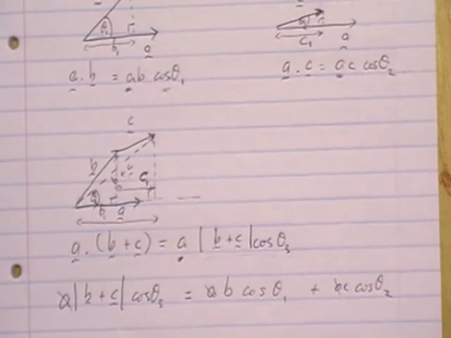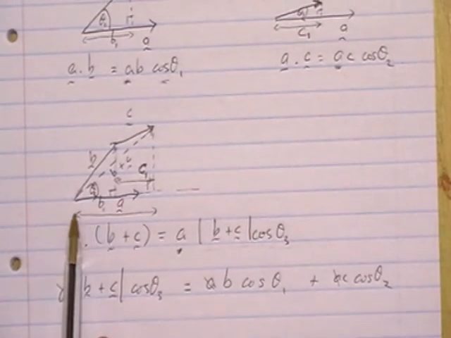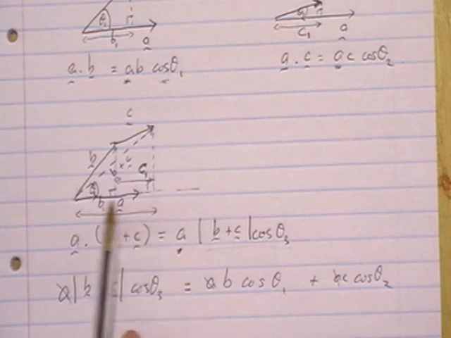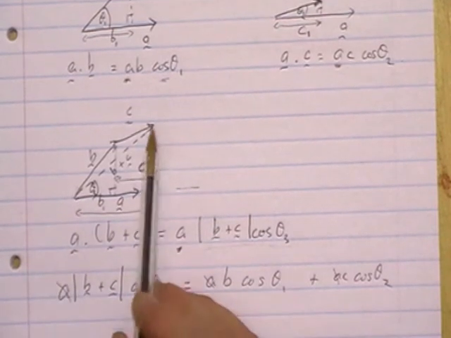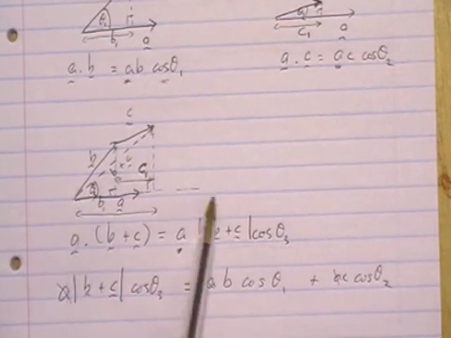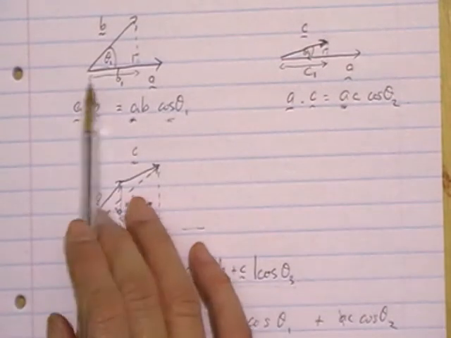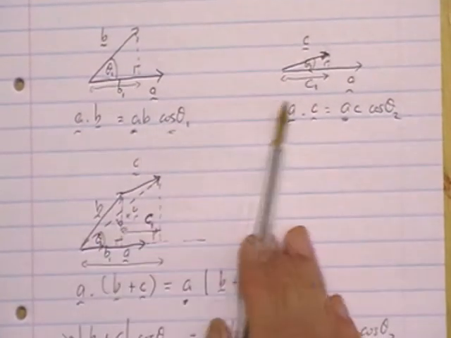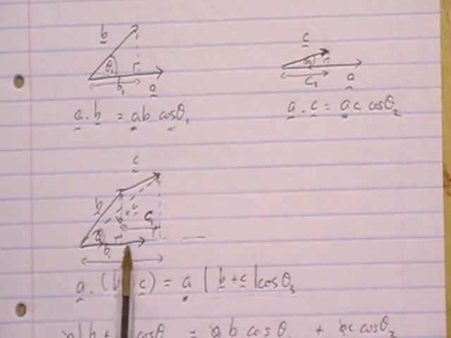Now let's look at what we wanted to prove again. We wanted to prove that this length, which is the component of B plus C along A, is equal to those two lengths added together. But as we have seen, those two lengths are just these two lengths.